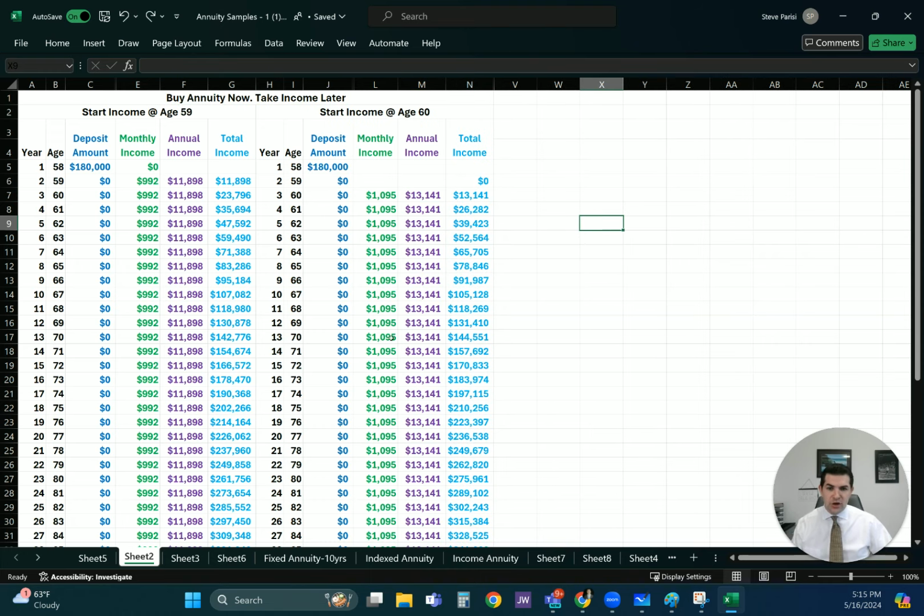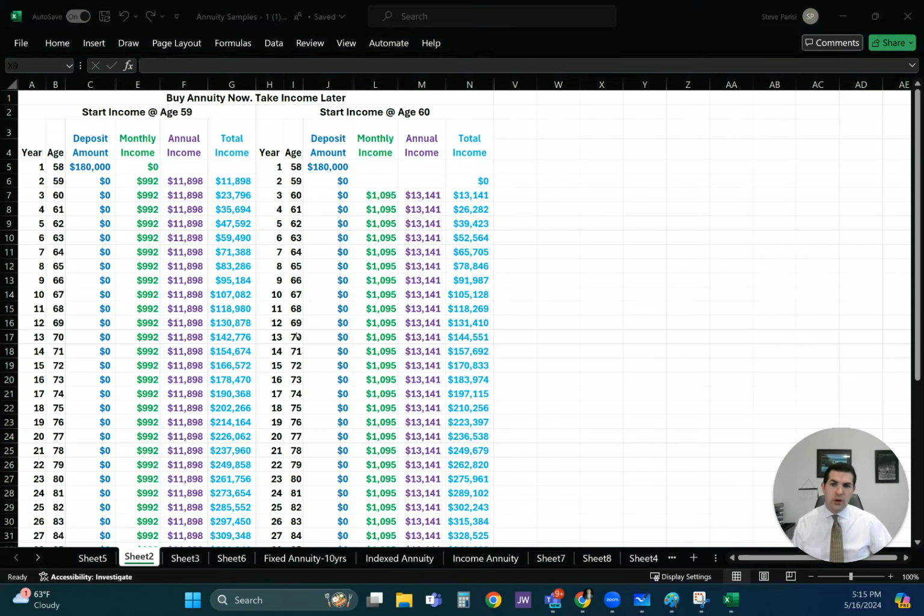And here's what you can do. So which one makes more sense to you? Well, if you start taking income right away, I get out of the gates faster. But look at this.